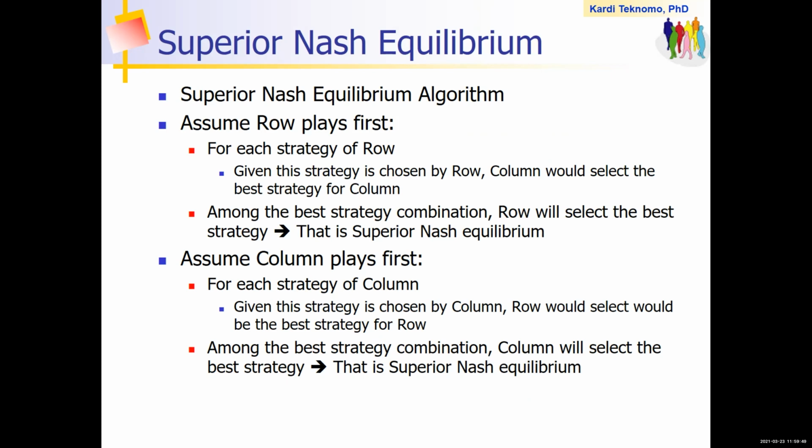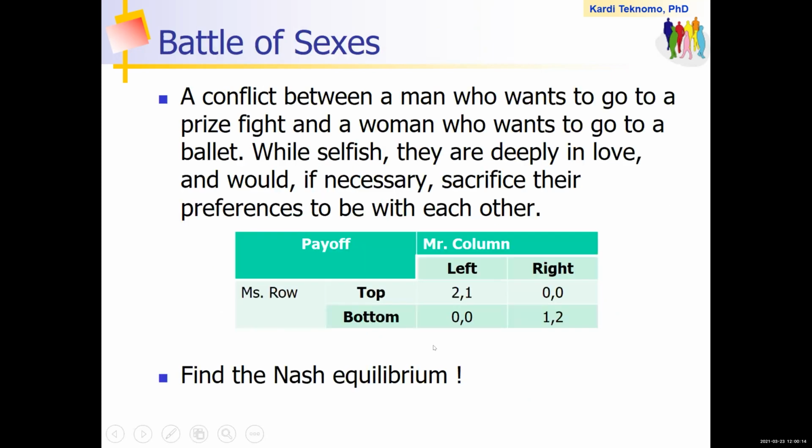Now, among this best strategy combination, row will select the best strategy. That is called superior Nash equilibrium. The same thing if you assume column plays first: if the column selects the best strategy, that is called superior Nash equilibrium.